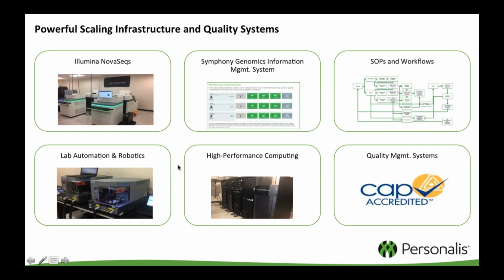Other investments needed include the computing power needed for the various analytics that we just went through. So as well as workflows, quality management systems, and the regulatory support through the validation of assays and informatics. So these requirements place Personalis in a unique position as a partner to support the very exciting transformational therapies that are being explored out there in translational research.